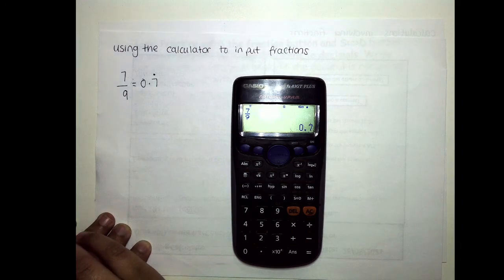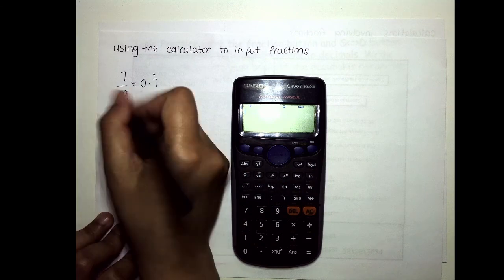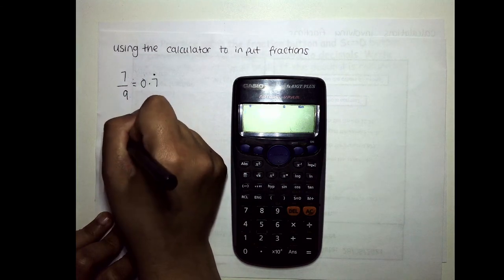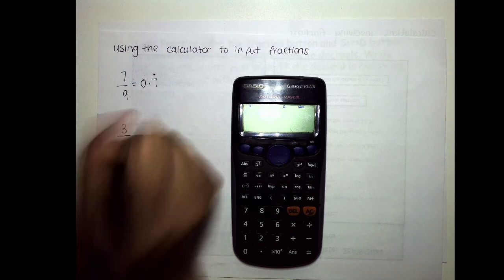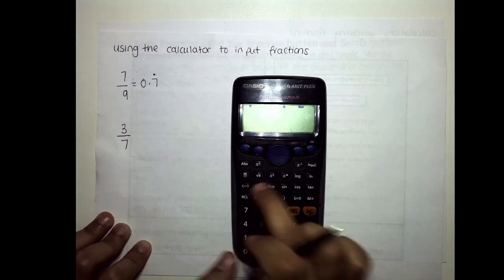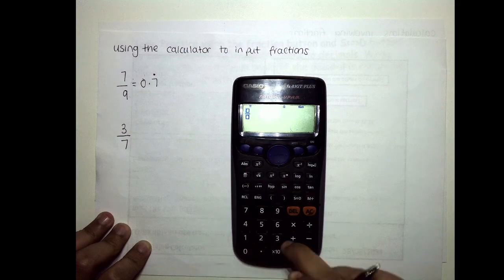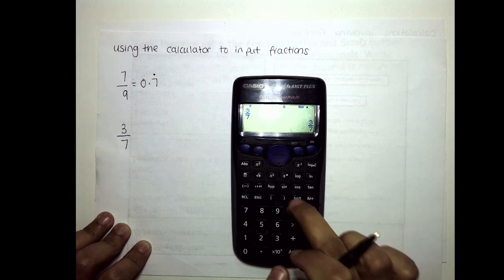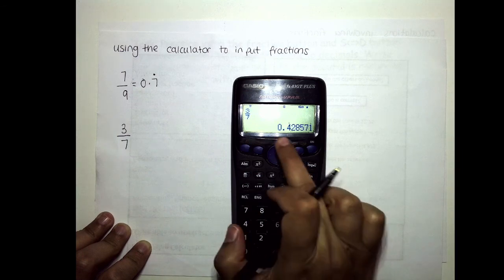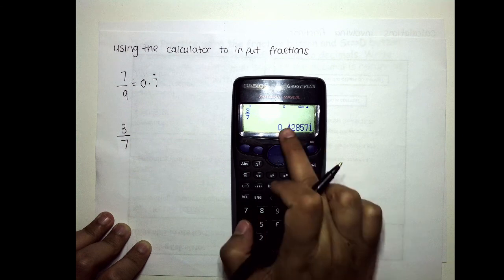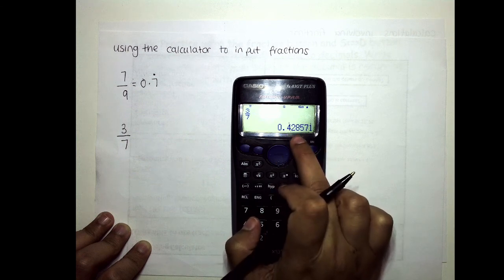Okay, we'll just try another example just to check. If I wanted to input, say, the number 3 over, let's say, 7, then I would press the fraction button, 3 as my numerator, press the down button, 7 as my denominator, press equals, then press SD, and now as you can see I have a longer decimal, and it is recurring from the numbers 4, 2, 8, 5, 7, 1.